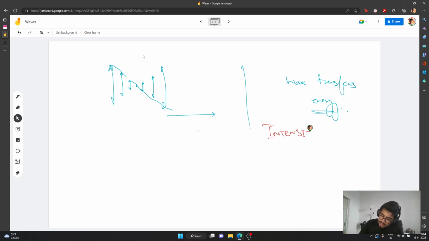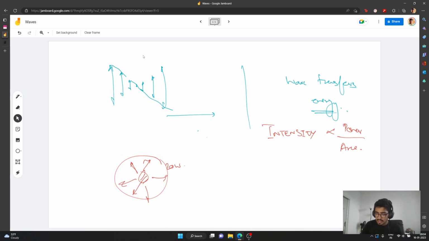Now intensity we say is proportional to power by area. So if there is some source that's emanating out some power, like say maybe a light bulb which is 20 watts. Watts is power, right? So that spreads out over some area, so you have some intensity here. But if you go a little bit farther away, then the same light becomes dimmer here because it is spread over a larger area.